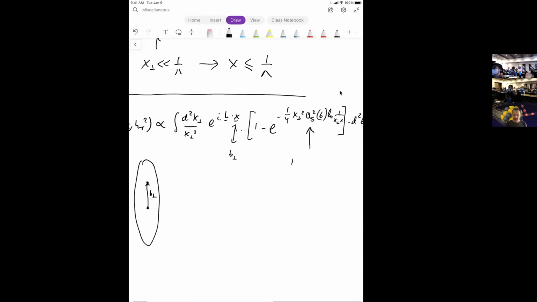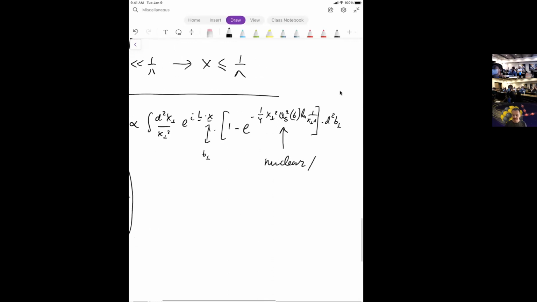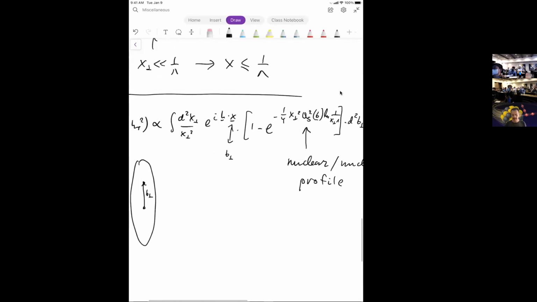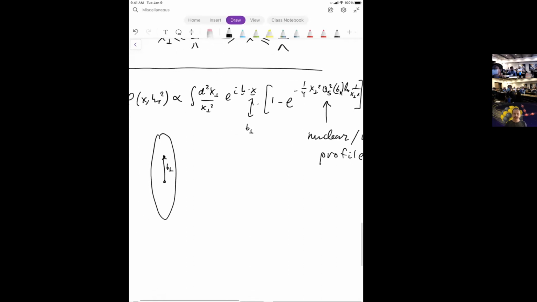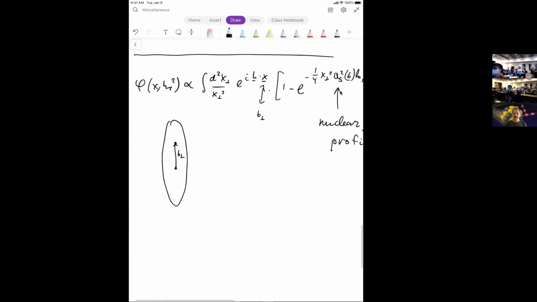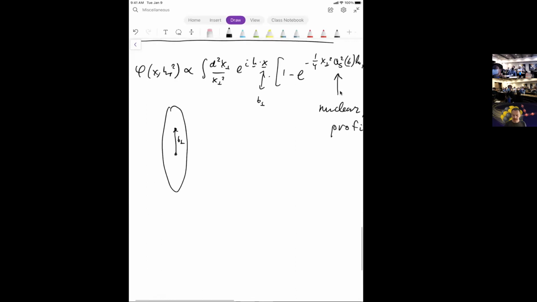So this is the nuclear or nucleon profile. I hope it answers at least part of the question.